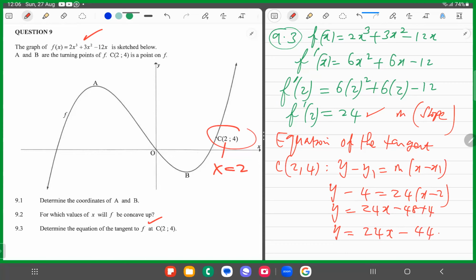So 24x minus 44. We found the equation of the tangent to f at the point c. And the equation of the tangent is y equals 24x minus 44.